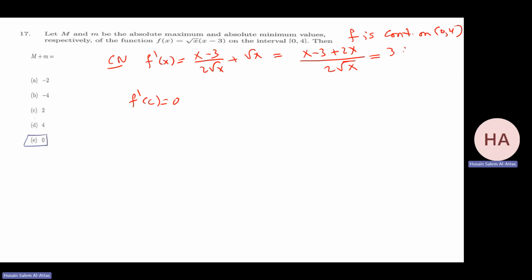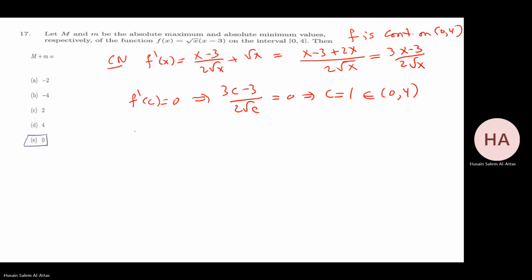This one is 3x minus 3 over 2 root x. That implies 3c minus 3 over 2 root c equals 0. So c equals 1, which is in the interval. And if f prime does not exist, c equals 0, which is something I will check.